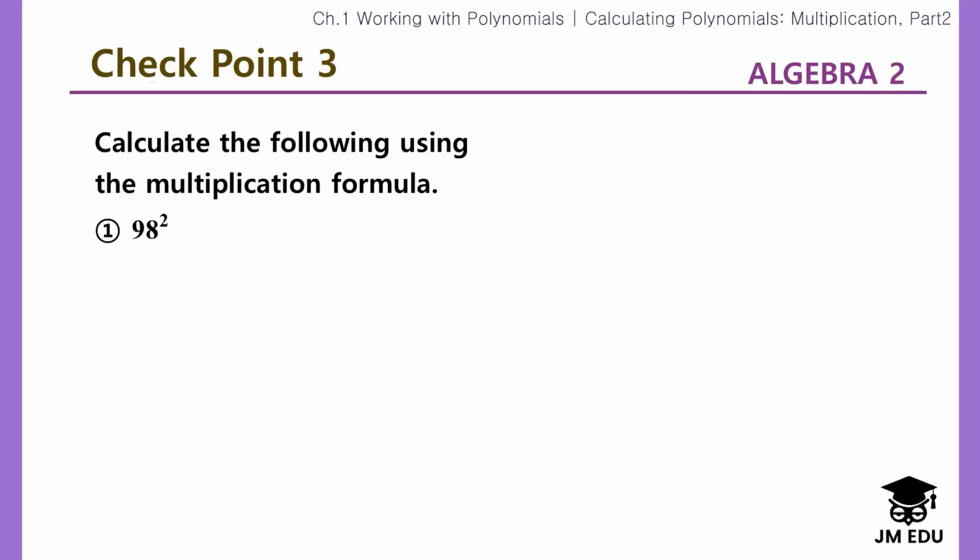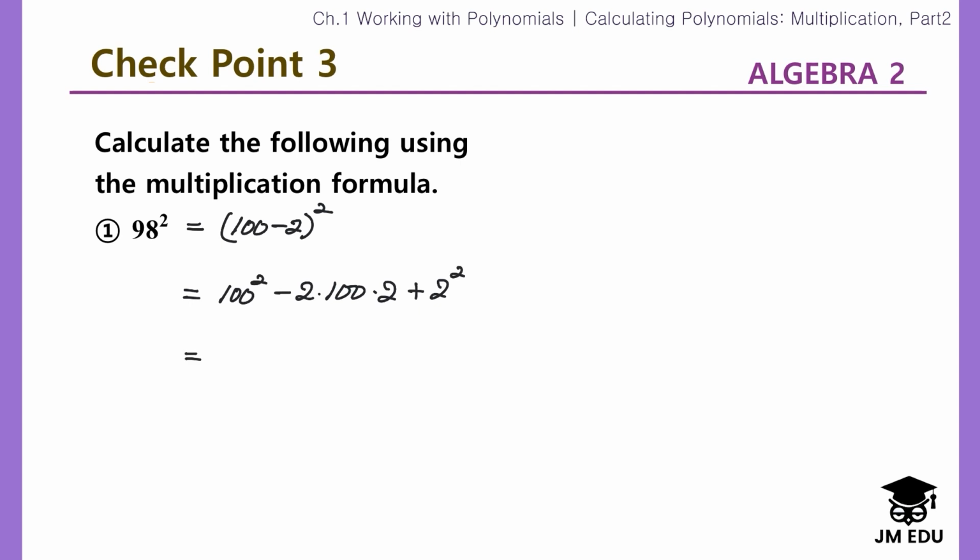Checkpoint 3. The question is to calculate the following using the multiplication formula. Number 1, we have 98 squared. We can write 98 as 100 minus 2. So that's (100 minus 2) squared. Binomial square, right? So that's going to be equal to first term squared minus 2 times first term times the second term plus second term squared.